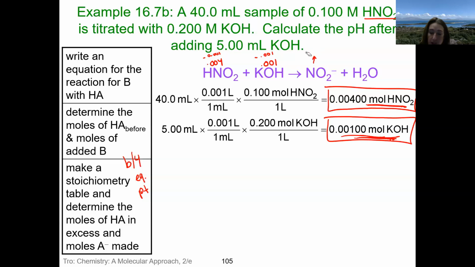So I'm just applying Le Chatelier's here. That means I'm going to end up with 0.003 moles of this and 0.001 moles of this. Oh, look, that's my conjugate. This is my weak acid. Oh, it's a buffer, right?